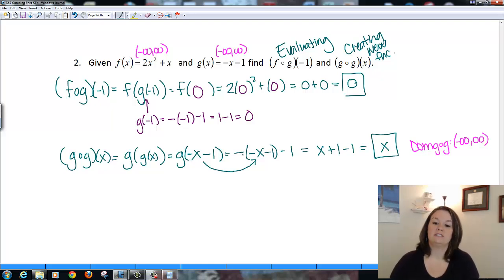The g function says to do the opposite of my input minus 1. So I put my input in, which is negative x minus 1. I distribute that negative, which makes it a positive x, and a positive 1 minus 1, which leaves me with just x. Since I didn't incur a new variable denominator or radical, then my domain is still negative infinity to infinity.